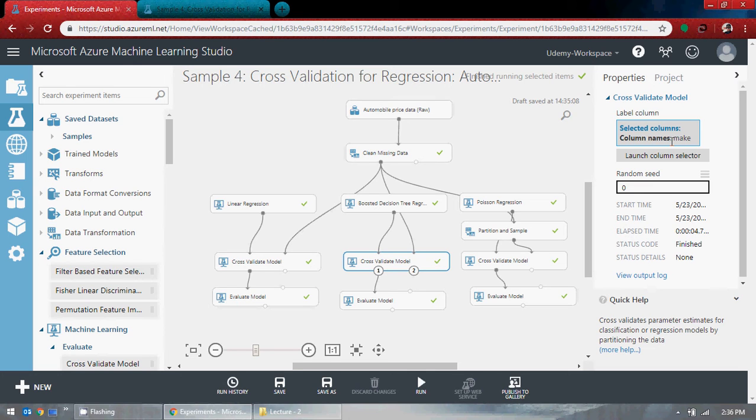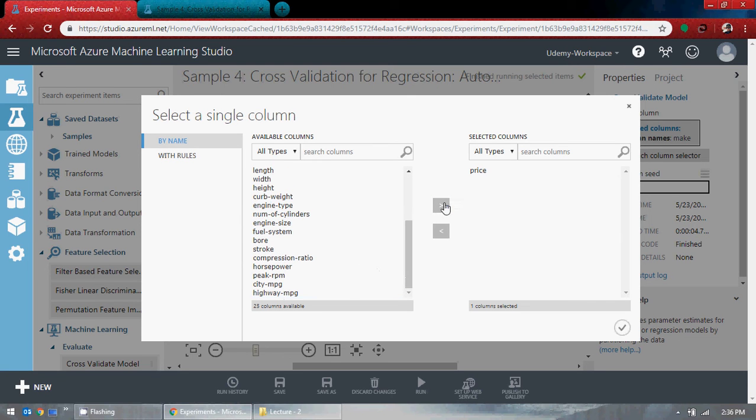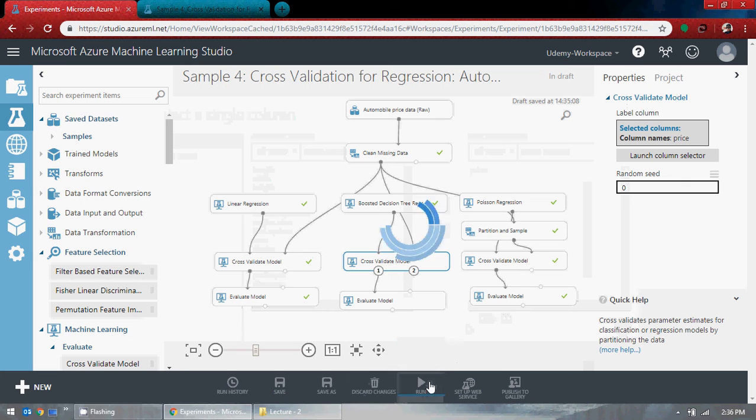So it's taking that string and converting it to a code level. Probably that is not something you will be looking for. So we'll change back to price. That makes more sense for me. And we'll run this whole thing again.